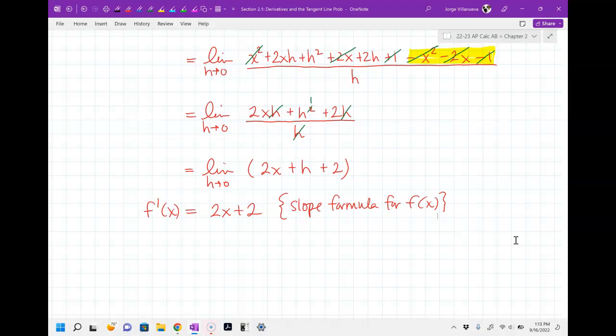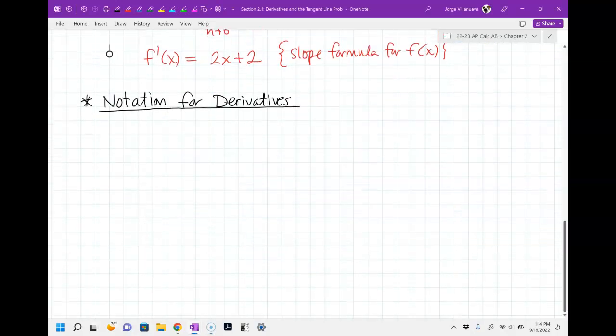I know we have another one to do, but before we do that one, I mentioned to you guys f prime of x. Okay, so notation for derivatives. There's a couple common derivative notations that you guys have to know.